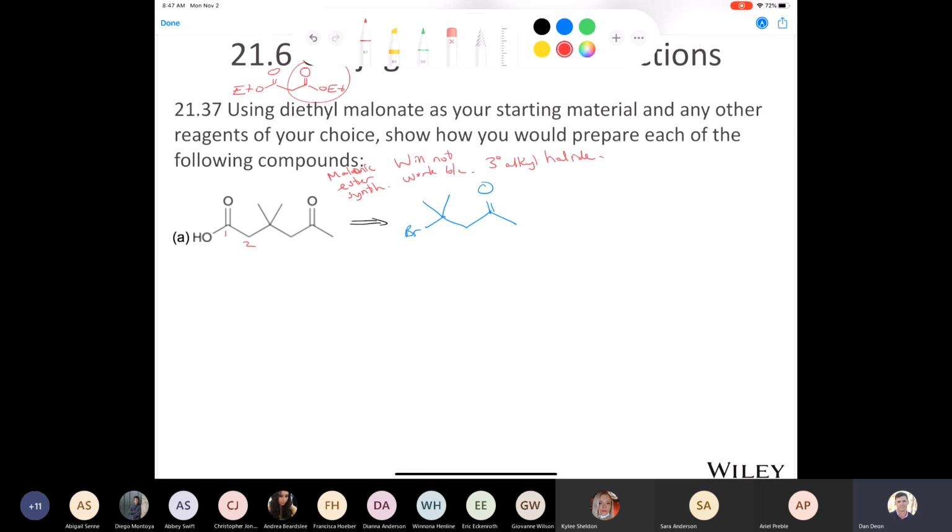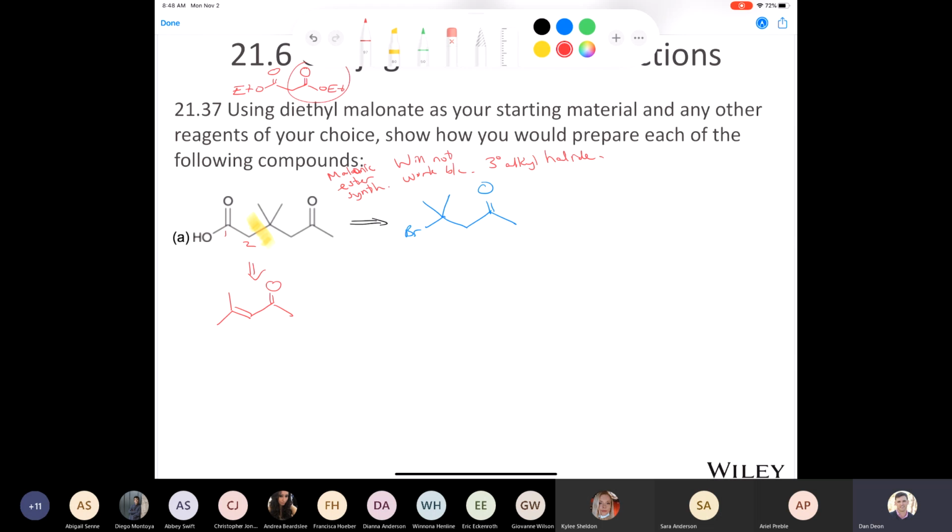And what I would think of is, why couldn't we do conjugate addition, right? Why couldn't we do a Michael reaction and break this bond right here? Because then, in terms of our retrosynthesis, we could start with this alpha beta unsaturated ketone, and then we could use diethyl malonate as our Michael donor.